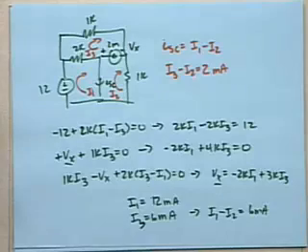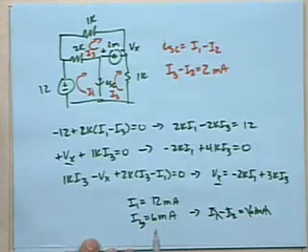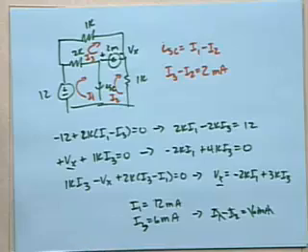Oh, you know what? These are not I1 and I2, are they? They're I1 and I3. And that would be a key problem. So we can't just do this yet because we don't have I2, we have I3.